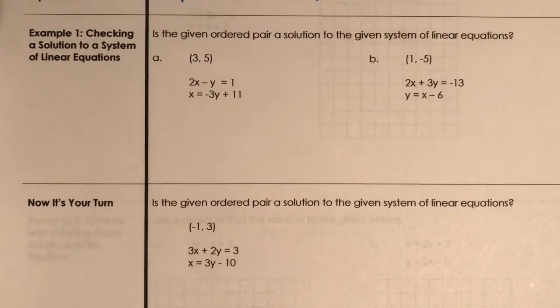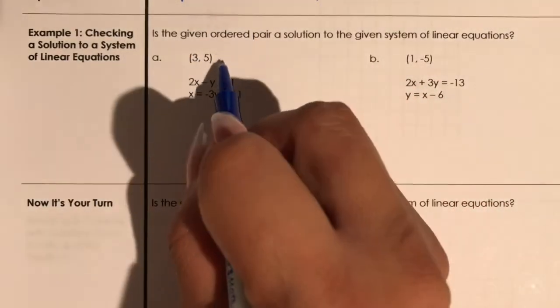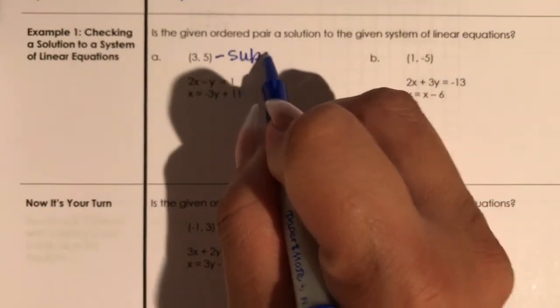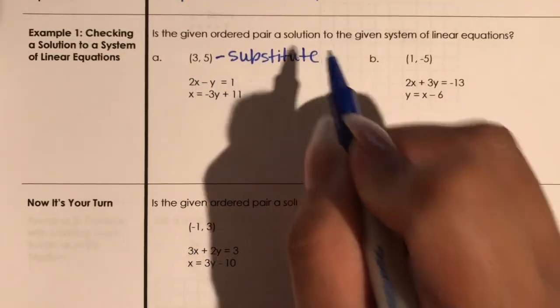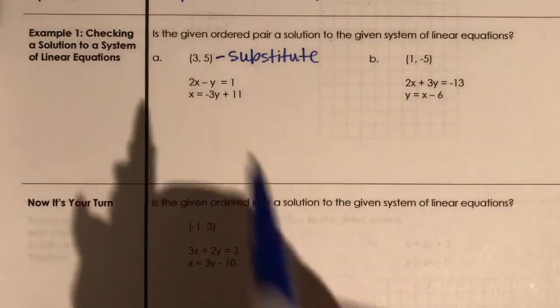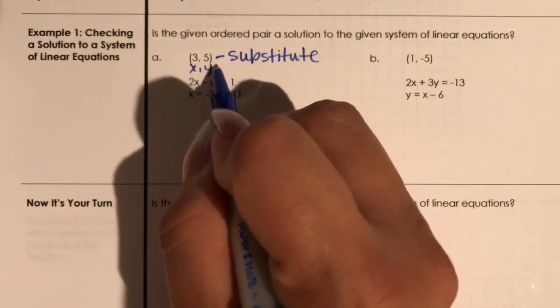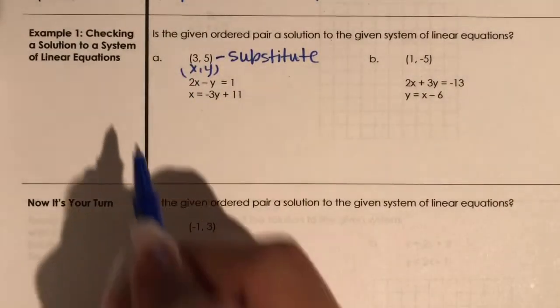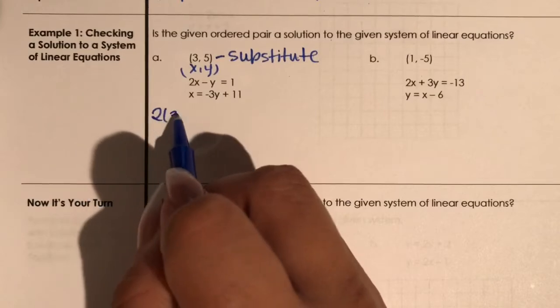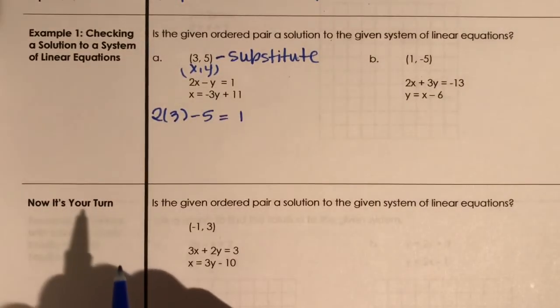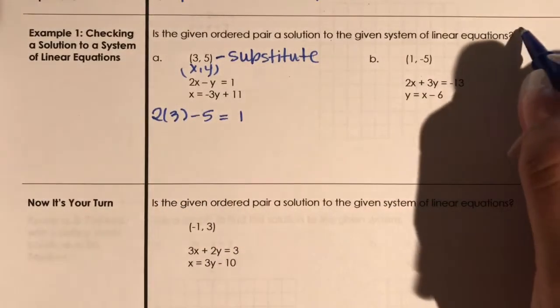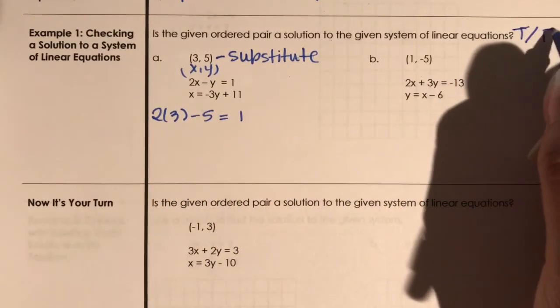So what we're going to do here is substitute the 3 and the 5 for x and y. In the first equation, I'm going to say 2 times 3 minus 5 equals 1. We want to prove these as true or false.